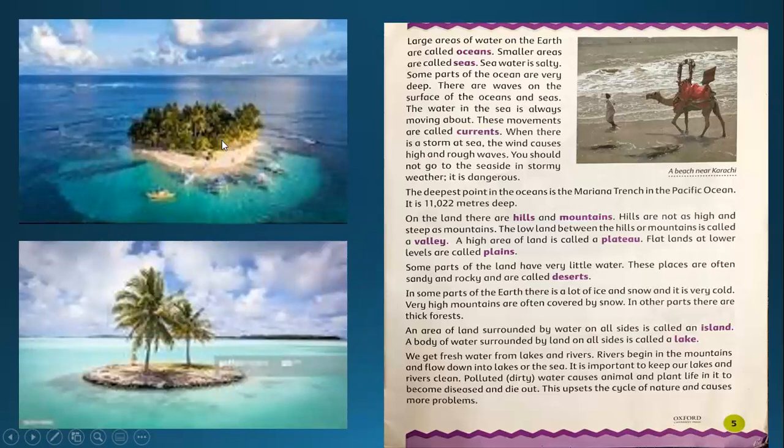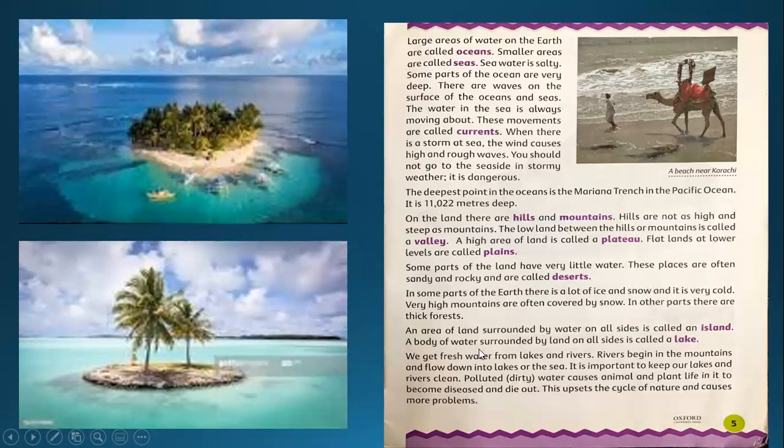This part is the island. There are so many islands in, I think, Western Asia, in Malaysia, Philippines, Indonesia. There are so many islands in these areas.